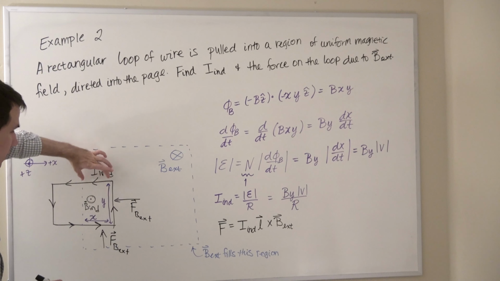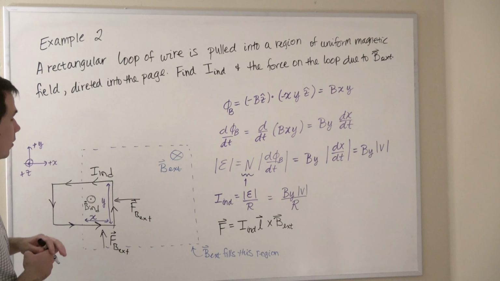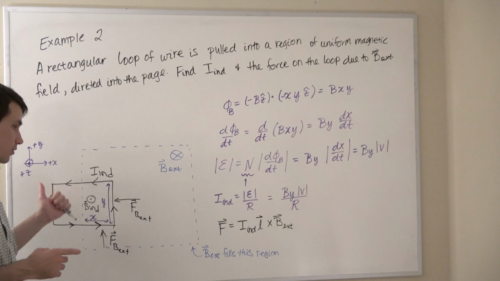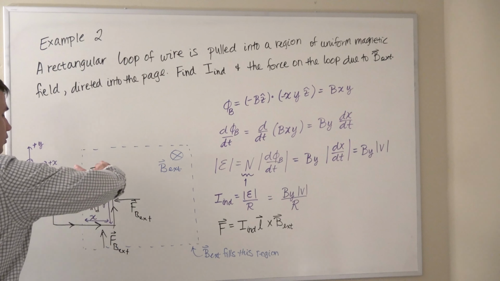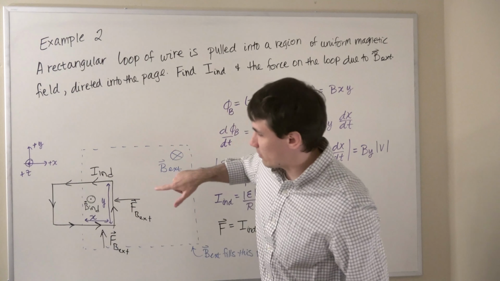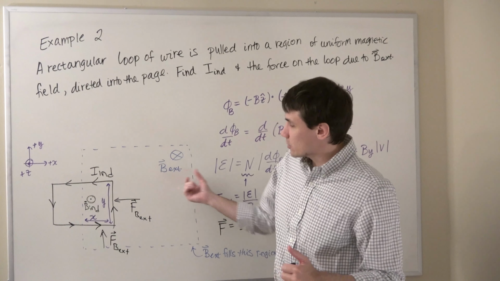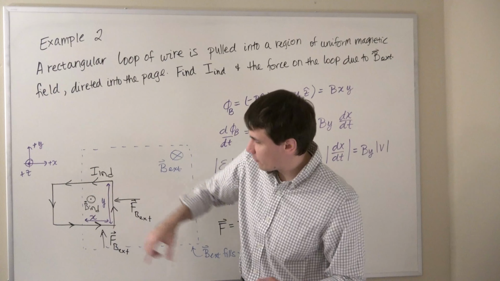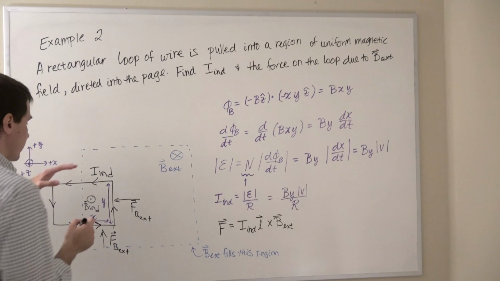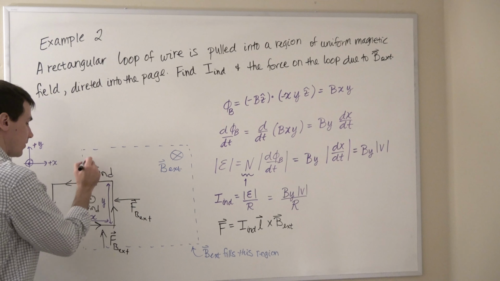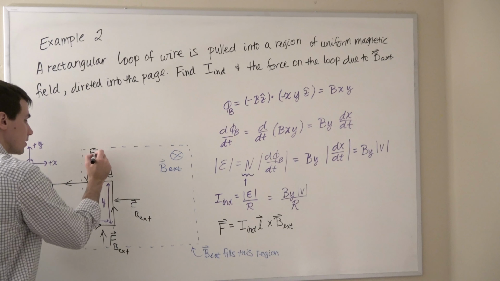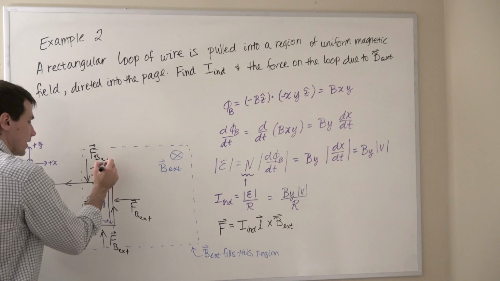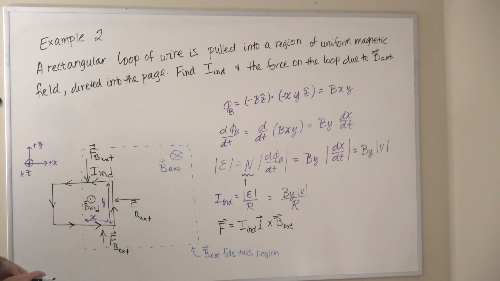Finally, I can consider this region of my loop here, which has a current flowing to the left, with my external magnetic field pointing into the board, giving me a force downward. So on the top of my loop, I feel a force due to the external magnetic field downward.